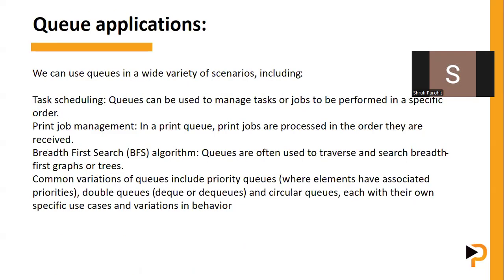What are the applications? Task scheduling, job management, the BFS algorithm. Common variations of queues include priority queues, double-ended queues, and circular queues, each with their own specific use cases and variations in behavior.